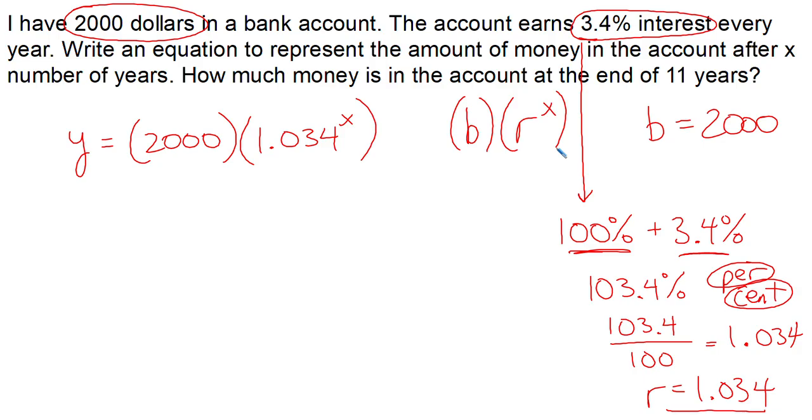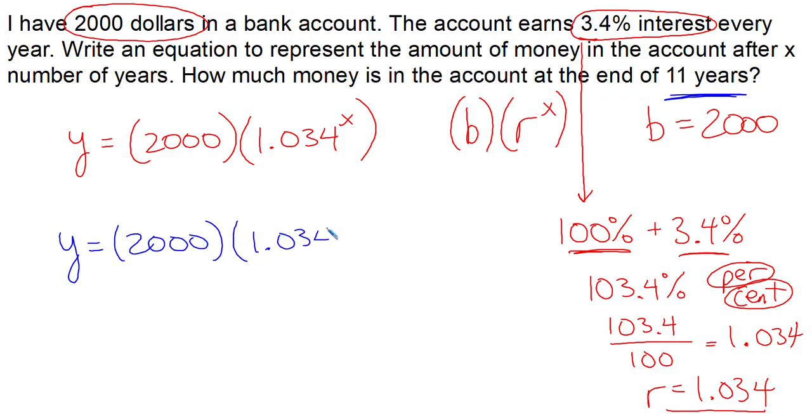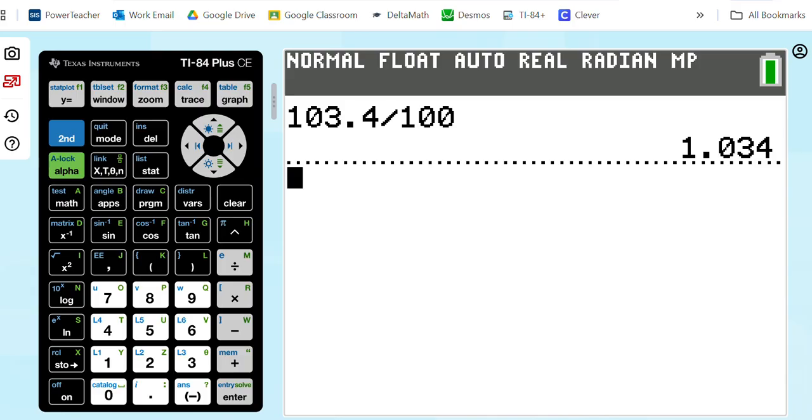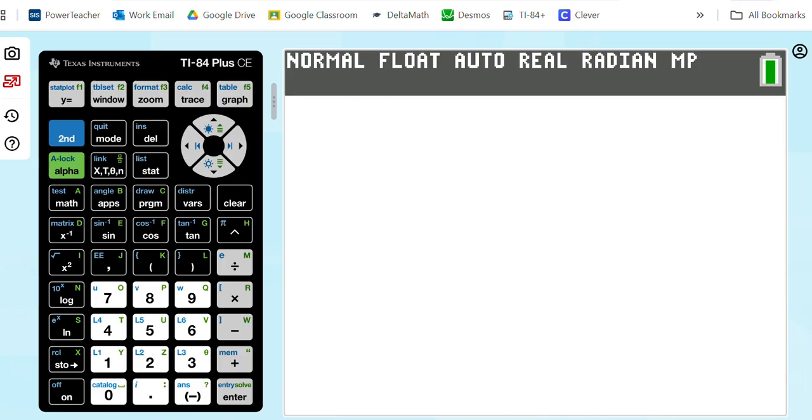So if we want to know how much money is in the account at the end of 11 years, then all we have to do is replace our x with 11. And for this, again, we'll go back to our calculator. We're just going to do 2,000, and you can put it in parentheses, just like I did.